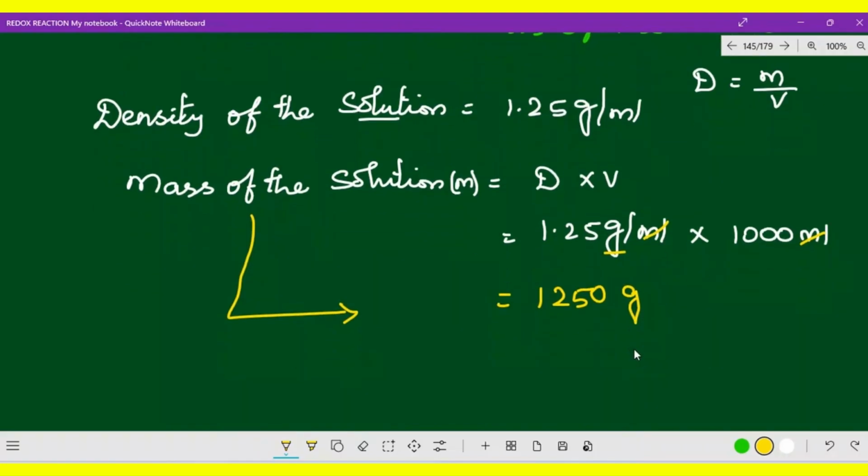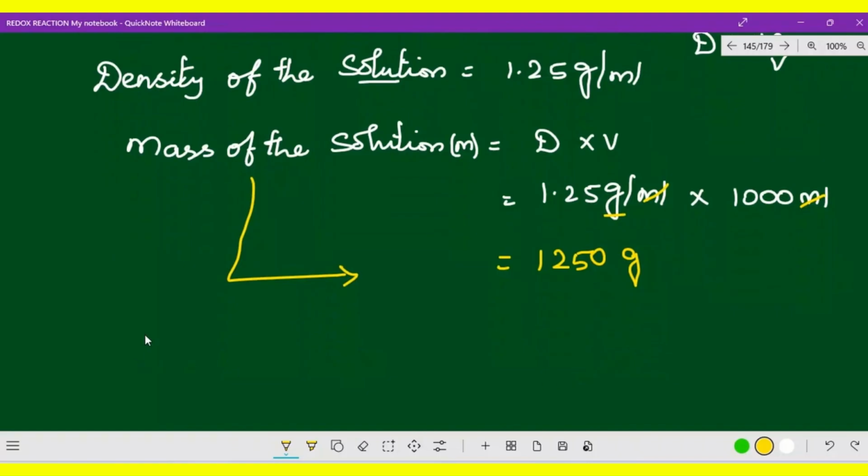Now the mass of the solute we have to identify, that means the given mass. The equation is H2O2 giving H2O plus O2. Is it balanced? Yes, it's balanced.